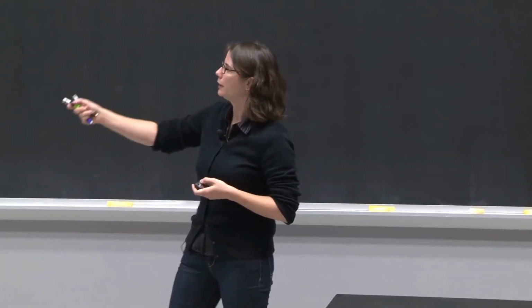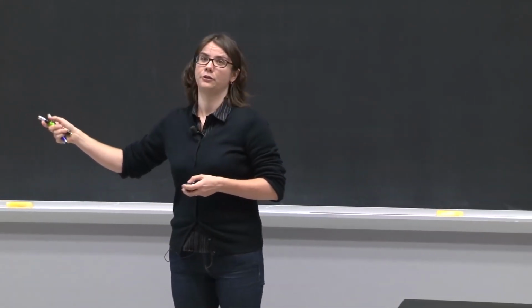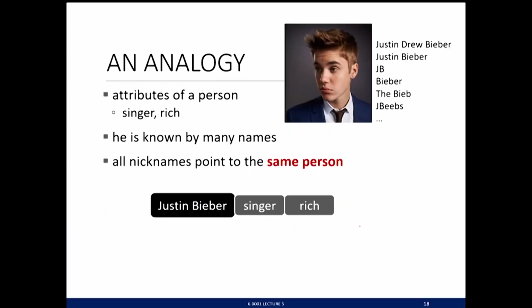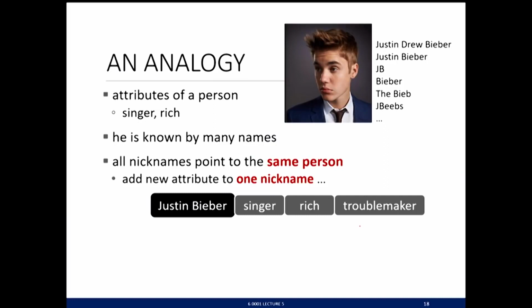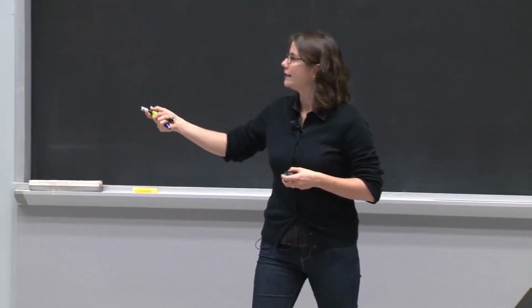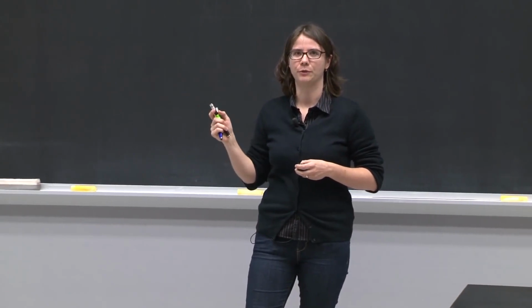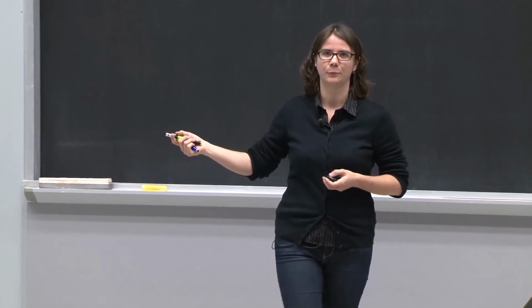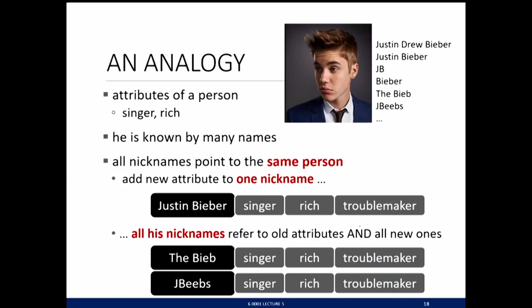Originally, let's say I say Justin Bieber is a singer and rich. Those are the 2 attributes I've originally assigned to him. And then let's say I assign a different attribute to him and say Justin Bieber is a singer, rich, and a troublemaker. I'm being kind here. It's the same person I'm referring to, so all of his nicknames, or aliases, will refer to the same person object with these changed attributes.